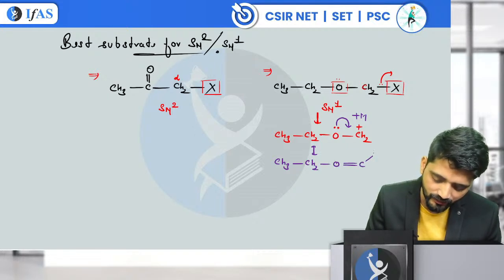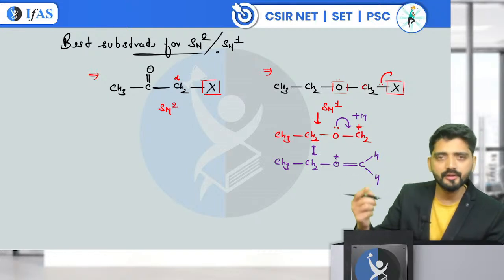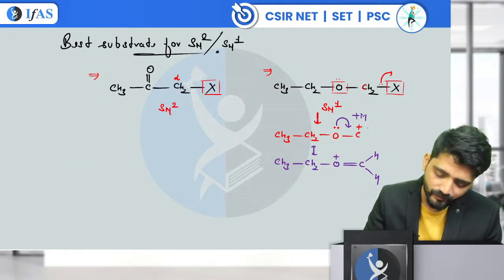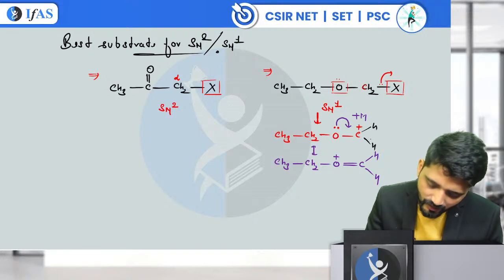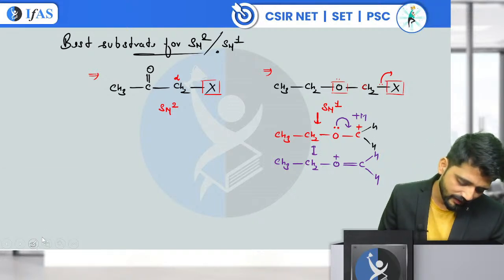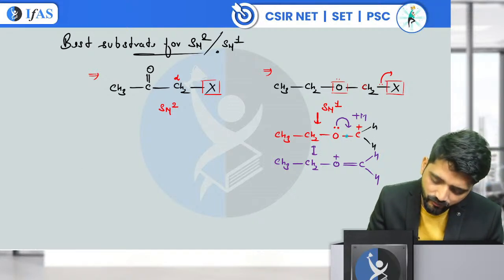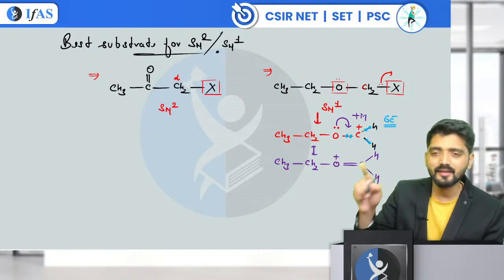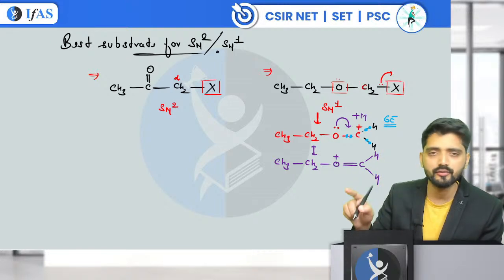What does this mean, sir? If I draw the resonating structures, these will be the two resonating structures. And if I expand the hydrogen here, what we find is that earlier the carbon with the carbocation had 1, 2, 3, 4, 5 and 6, in total 6 electrons. It means its octet was not complete.